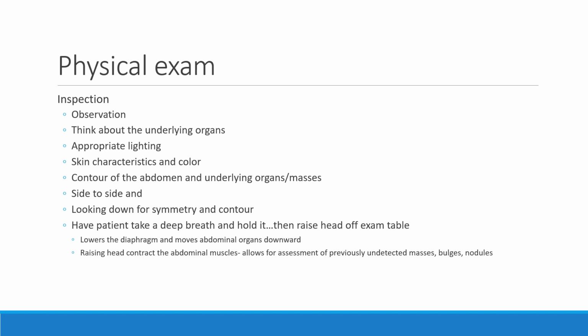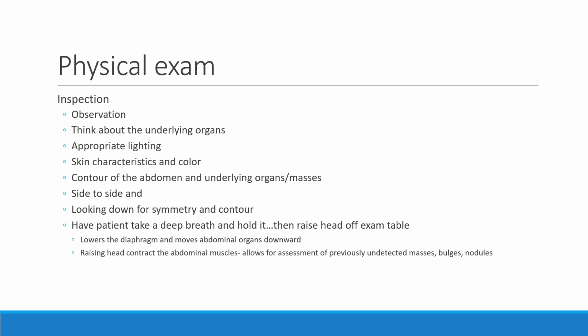When we are doing our inspection, we want to go side to side and up and down, looking for symmetry and contour. Have the patient take a deep breath and hold it, and then raise their head off of the exam table. What this does is help lower the diaphragm and move the abdominal organs downward so we can better assess if there are any bulges or masses in the abdomen.